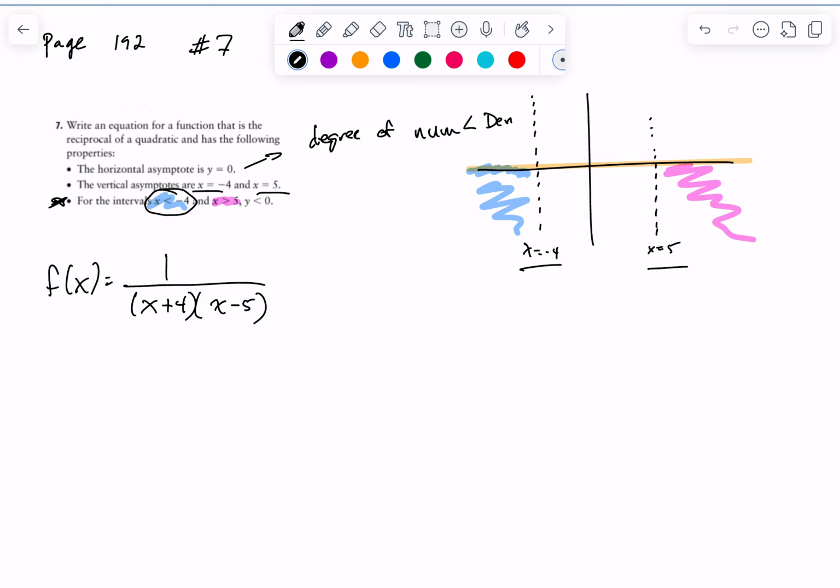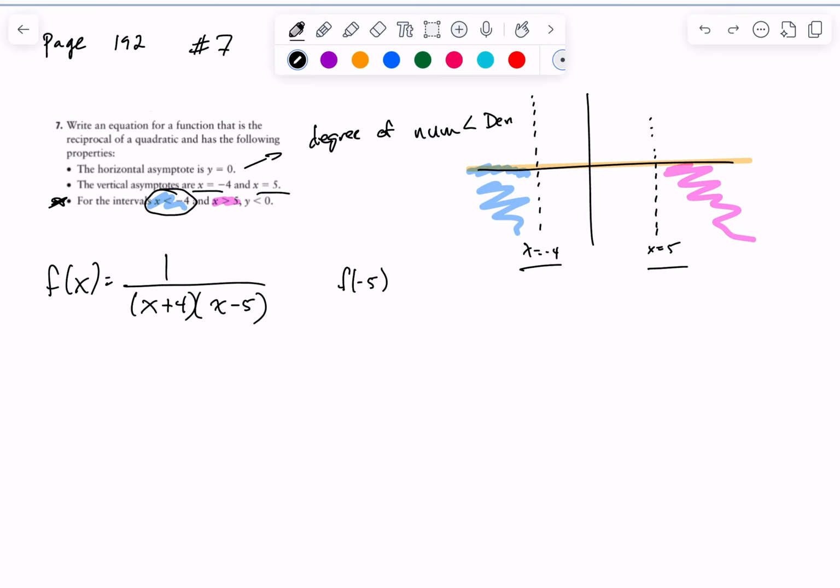And so what I need to do here is to take that into consideration. If you guys were actually graphing this, to figure out where the graph is, you would check, let's say f at -5, for instance. Like if I wanted to know where the graph was down in here, I'd put in an x value of -5, right? And then I could see if my value came out to be positive or negative.